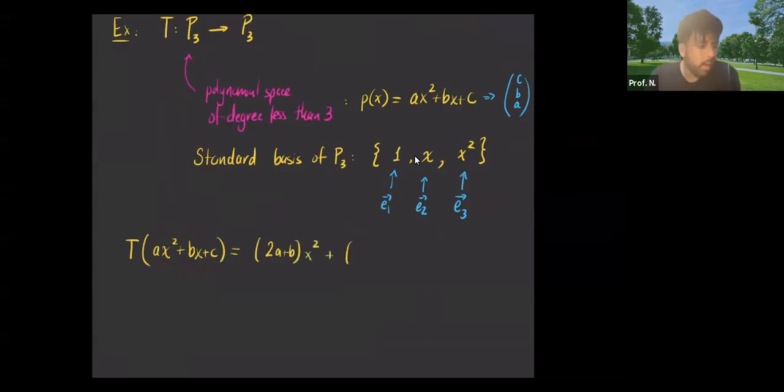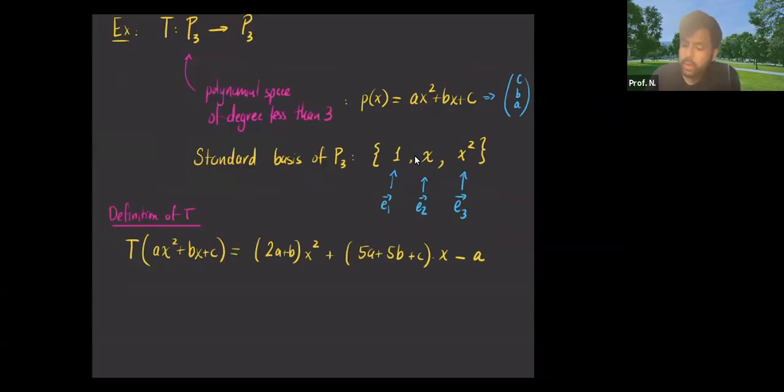The coefficient of x is 5a plus 5b plus c, times x, minus a. So this is a rule that was defined. This is the definition of T.